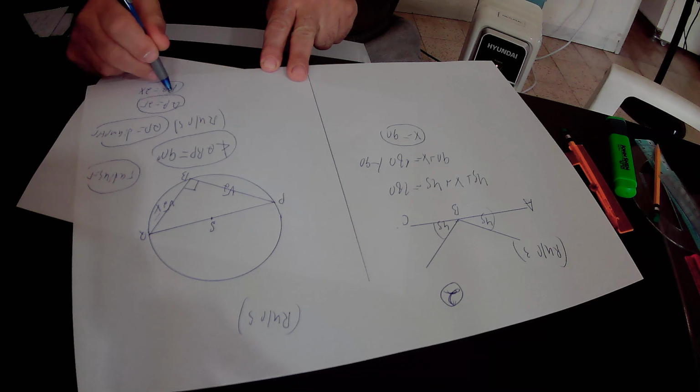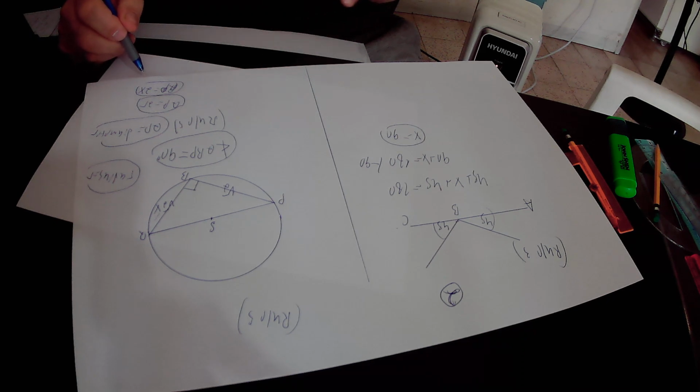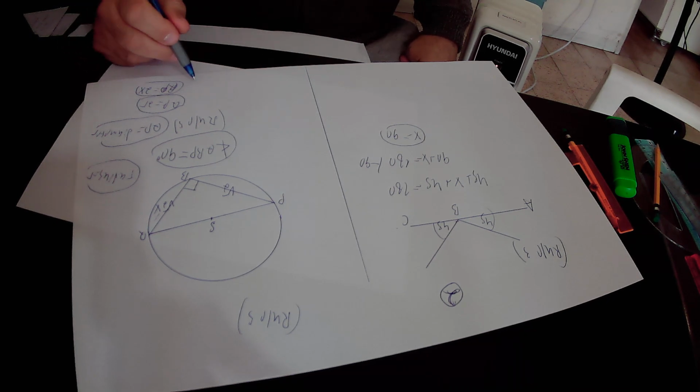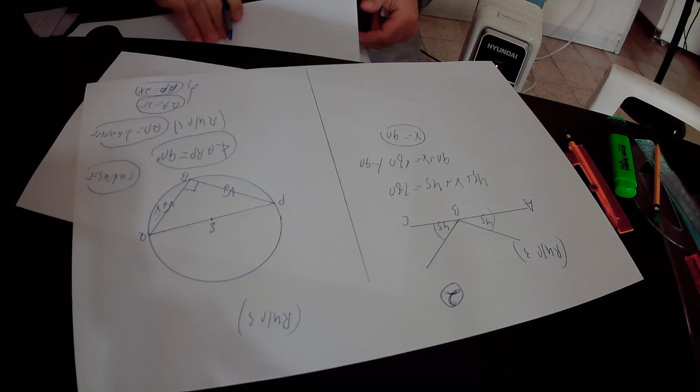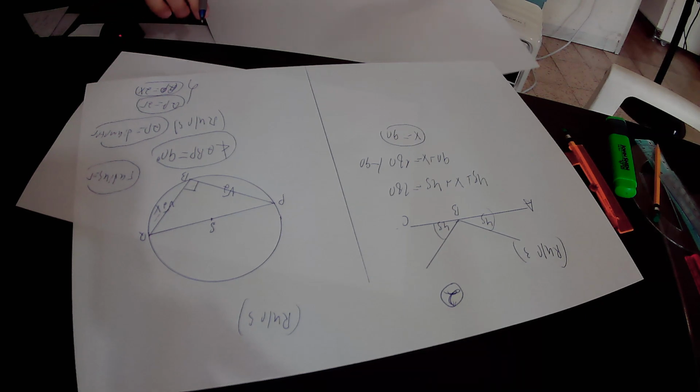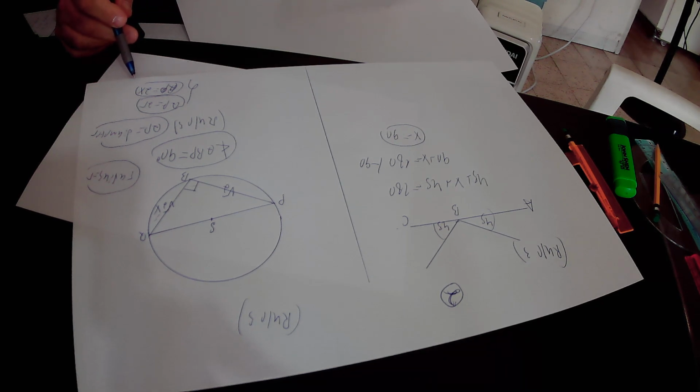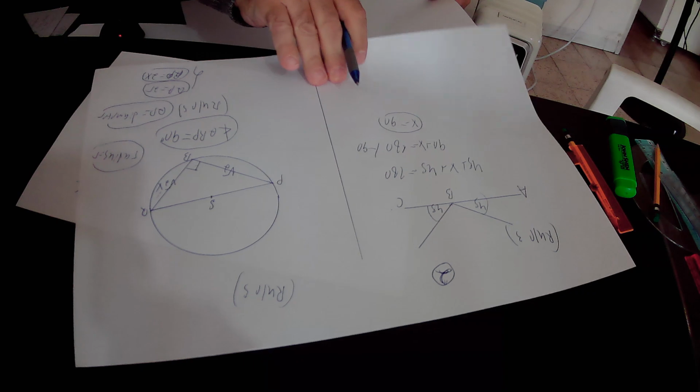So from one side, QP equals 2R, from the other side, QP equals 2X. From these two equations, we derive that 2R equals 2X.